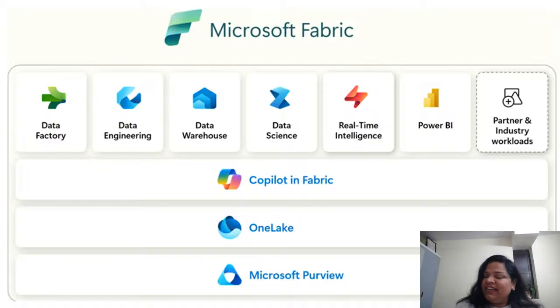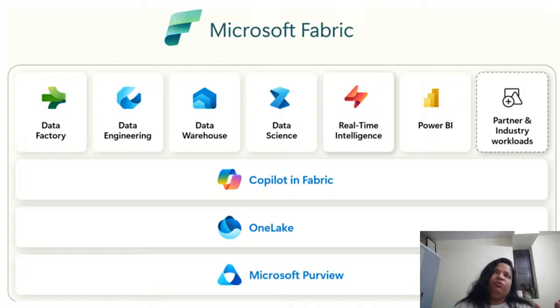Fabric centralizes data discovery, administration, and governance by automatically applying permissions and inheriting data sensitivity labels across all the items in the suite. So this governance part will be taken care of by Purview. It is governed and powered by Purview, which is built into Fabric.